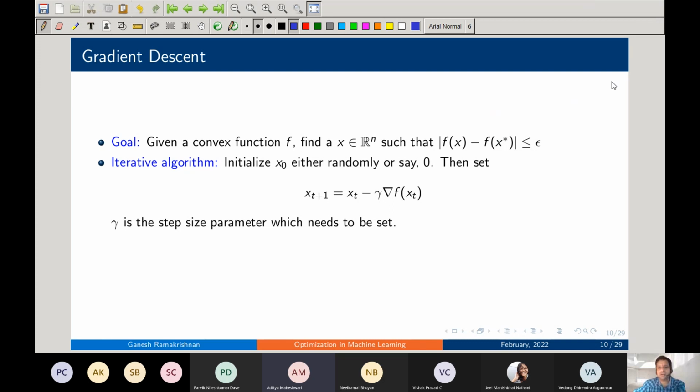Gradient descent belongs to a general class of algorithms called the descent algorithms. This gradient could be replaced with any descent step. So general descent algorithms use the gradient or some other descent step.